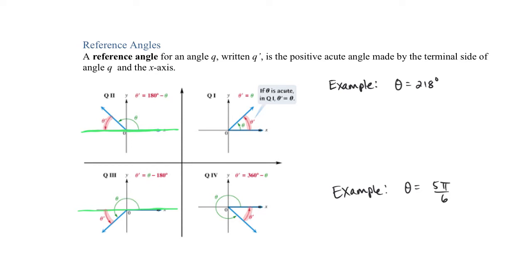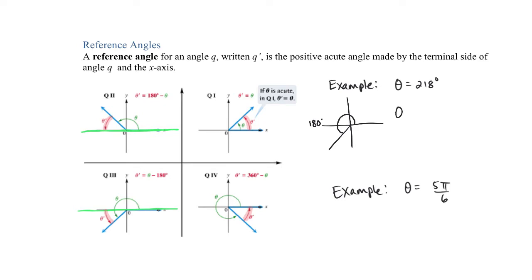Let's say that our angle is 218. For me, it's always helpful to draw a picture. So 218 degrees gets us here. Just remember, here's 180. So 218 would be there, and then I'm in quadrant 3.